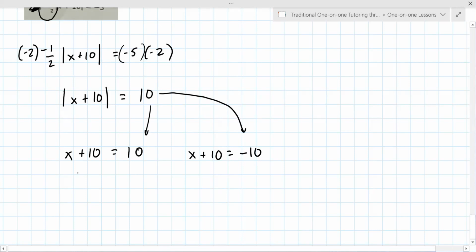Now you solve both of these by subtracting 10 from both sides. So on the left, you have x equals 0. On the right, you have -20.